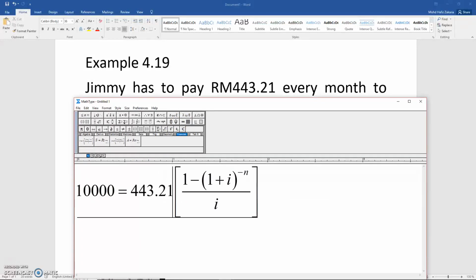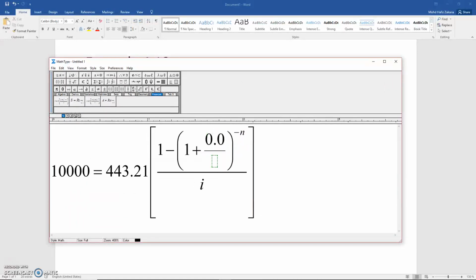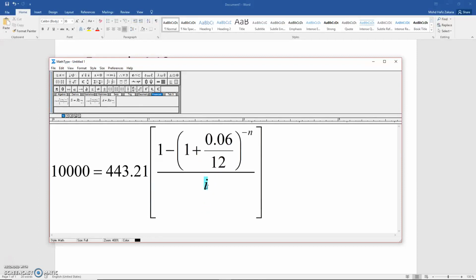And then the value of i is 6% compounded monthly, so we have 0.06 over 12. And n is the thing that we want to find. For how long?